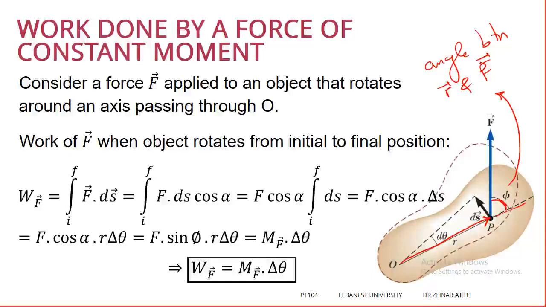If the moment is negative and theta is positive, the work is negative, so I get resistive work. That means the force is resisting the motion and we are losing energy as usual. So everything is similar to translation, we just have to switch the formulas.